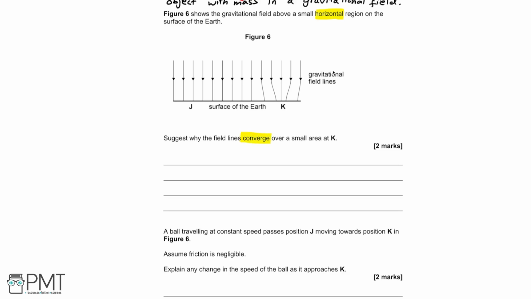So, like we said in the previous part of the question, denser field lines represent a stronger field.